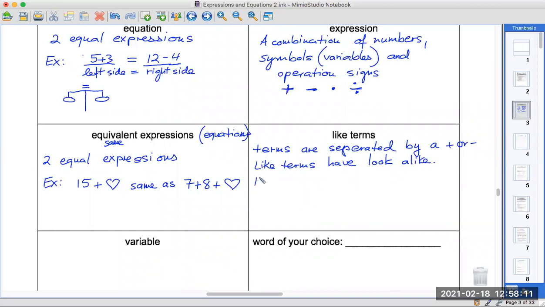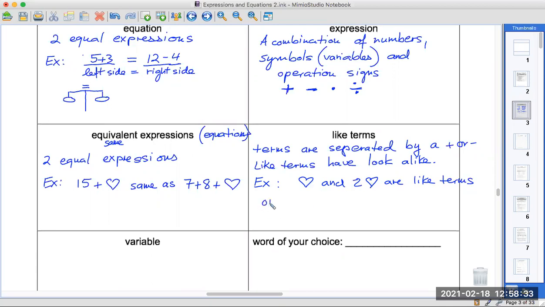For example, heart and 2 hearts are like terms because they have the same symbol.